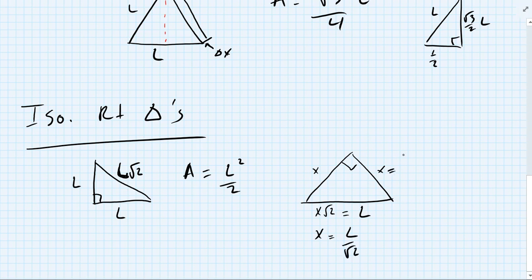That means this is L over square root of 2, and this is L over square root of 2. So when I go to find the area, it is going to be L over square root of 2 squared, times a half, right? So 1/2. When I square that, I get area equals L squared over, well, it's 2 times square root of 2 squared, which means it's just 4.